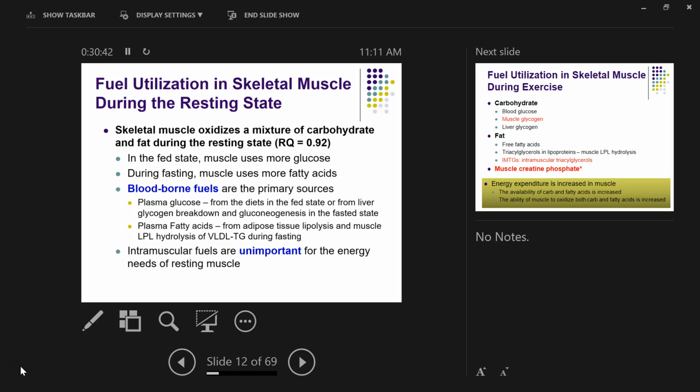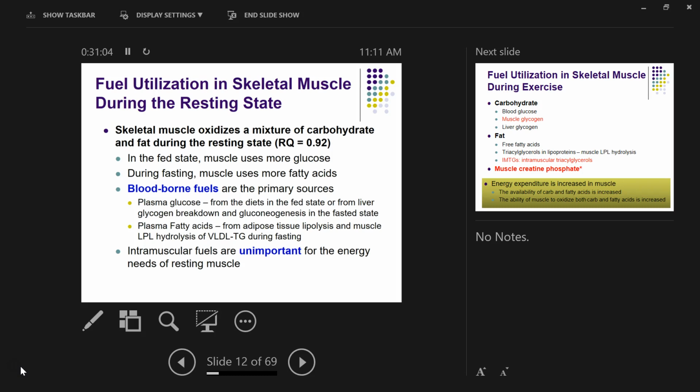For example, during the fed condition, we absorb a lot of glucose and fatty acids from the diet, so we have high levels of glucose in the circulation, and our muscle picks up the glucose from the circulation.